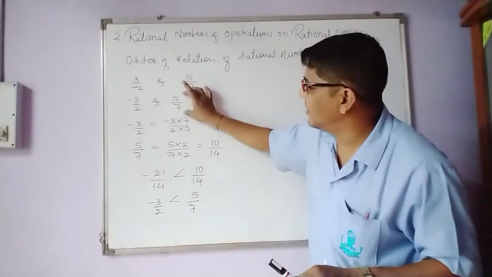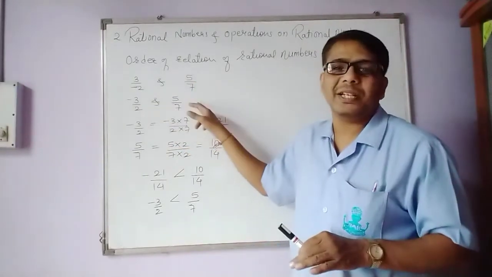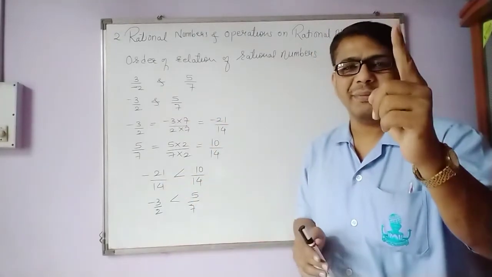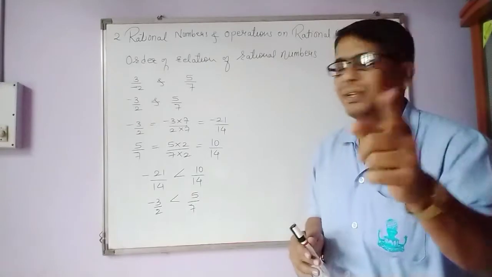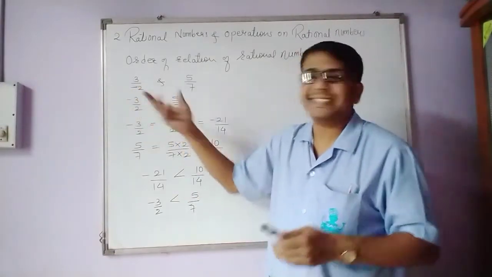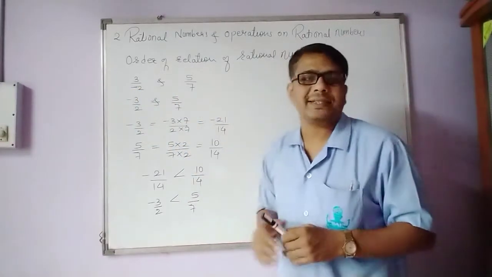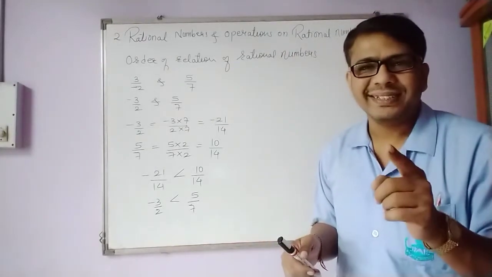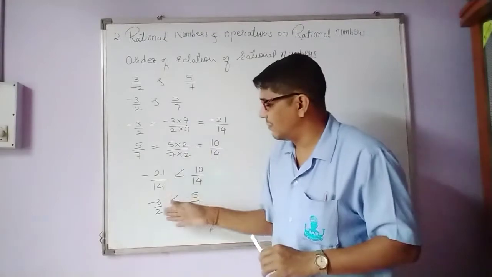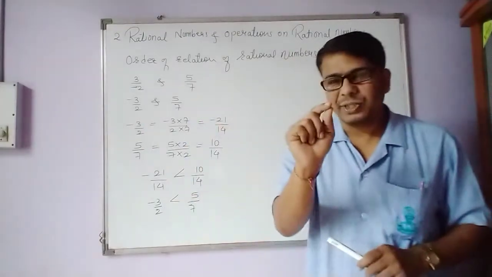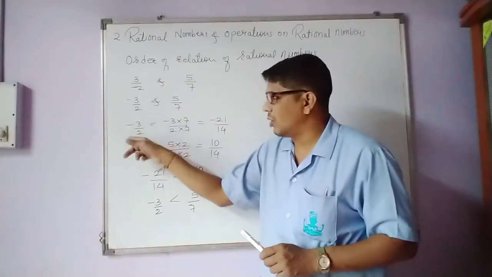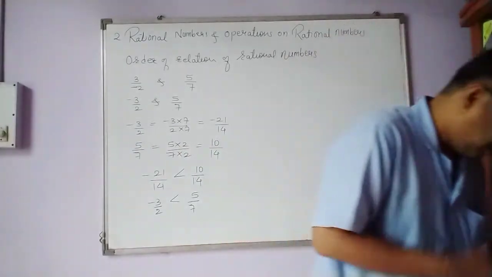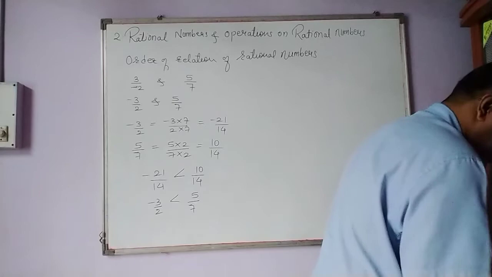The answer is clear here: positive number is always bigger than the negative number, and this is a negative rational number, so the positive rational number is going to be bigger. But I have taken this example with a negative sign to show how to make the denominators positive. Got it? Okay.